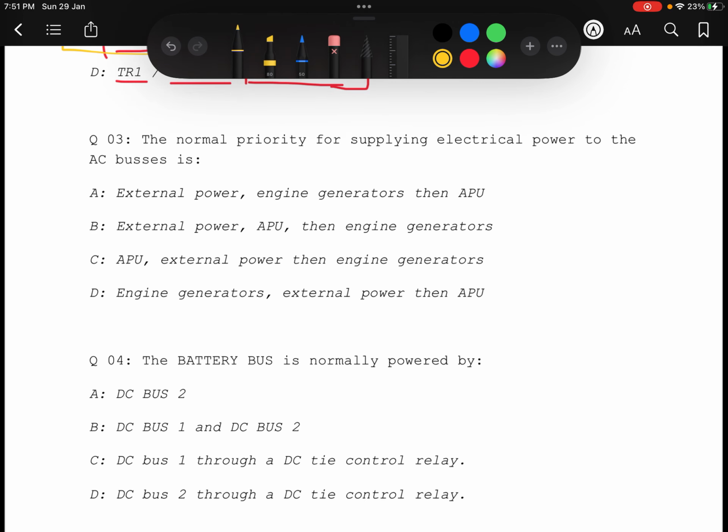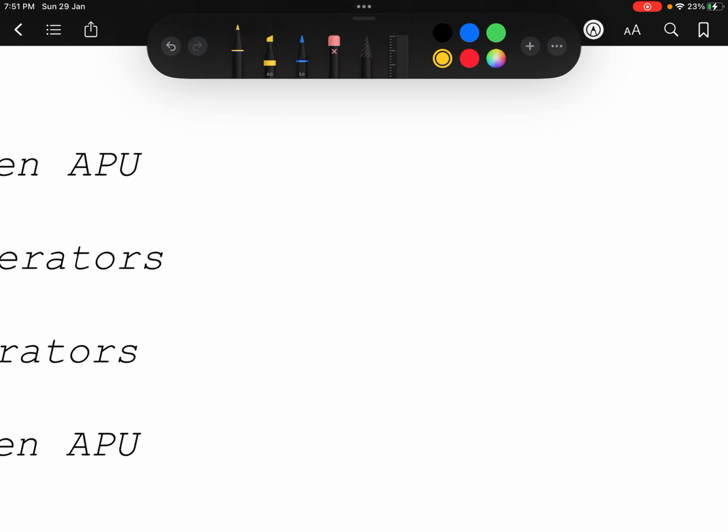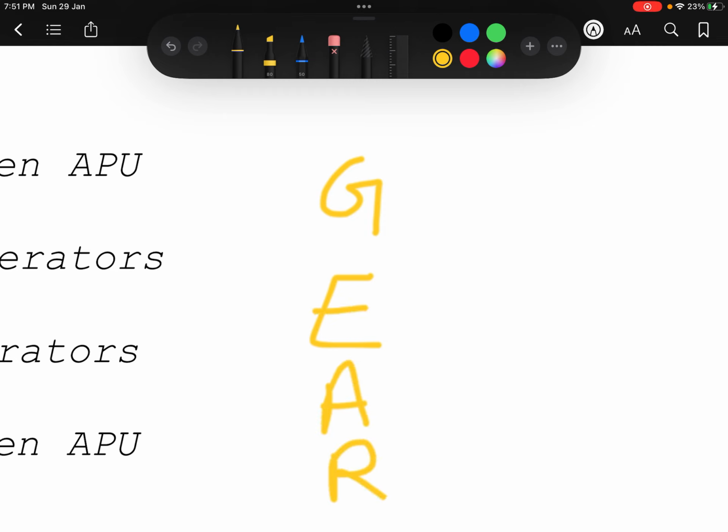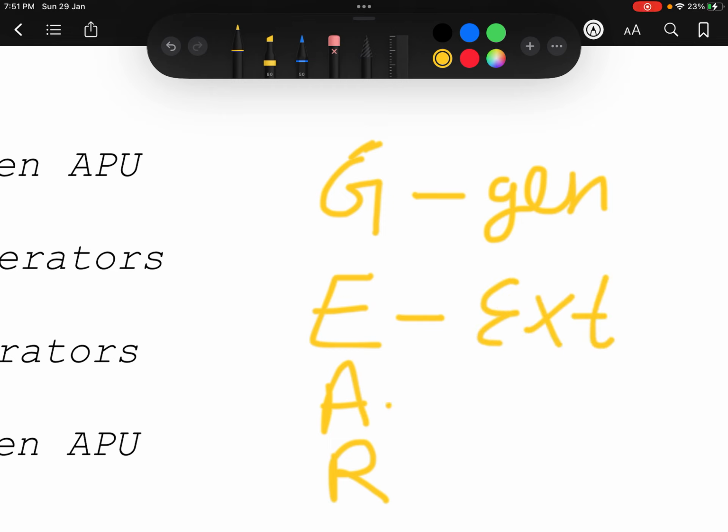Question number 3. The normal priority for supplying electrical power to the AC buses is... okay, let me clear the priority. I have made a short form of this priority. First of all, the priority is to the engine generators, then to the external power, then to the APU.